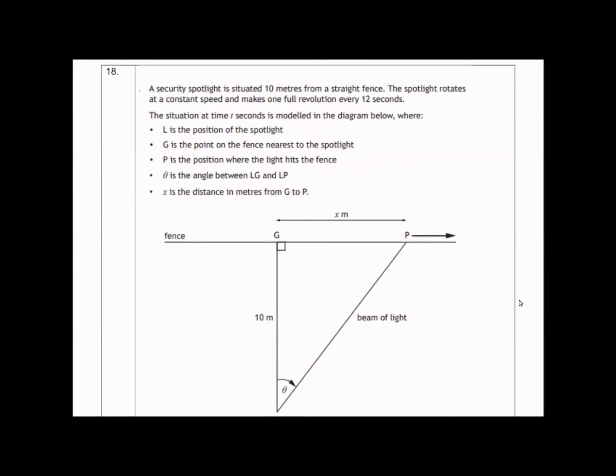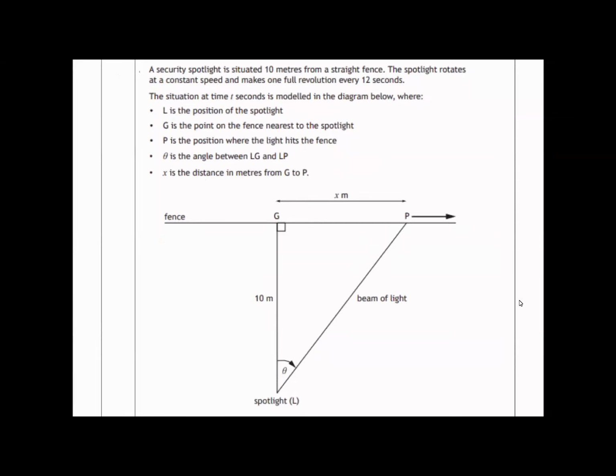A security spotlight is situated 10 meters from a straight fence. The spotlight rotates at a constant speed and makes one full revolution every 12 seconds. The situation at time t seconds is modeled in the diagram below, where L is the position of the spotlight, and G is the point on the fence nearest to the spotlight.